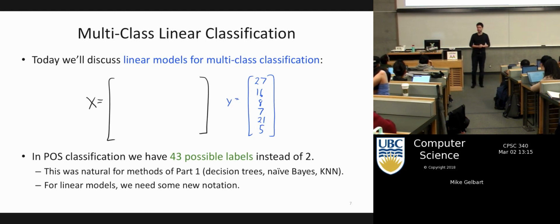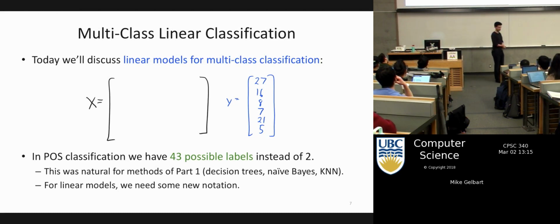It's important to note that the methods we used in the first part of the course, decision trees, naive Bayes, KNN, they didn't care if there were 2 classes or 3 or 10. In fact, you implemented these methods in your assignments, and you applied them to multi-class classification problems. For KNN, you're just looking at the labels of the nearby things.